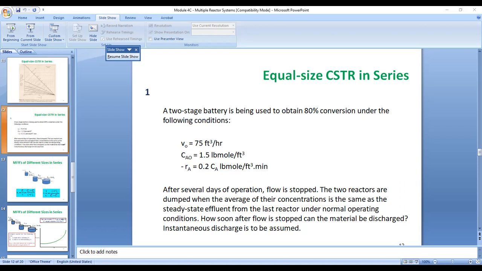Because there is this term here, the two reactors are dumped when the average of their concentration is the same as the steady state effluent from the last reactor under normal operating conditions. So you stop the operation of the two reactors when the average of the two concentrations are already equal to the concentration from the last reactor under normal operating conditions.